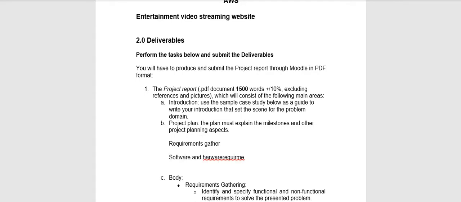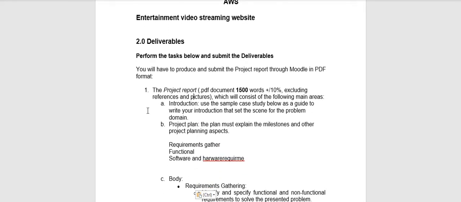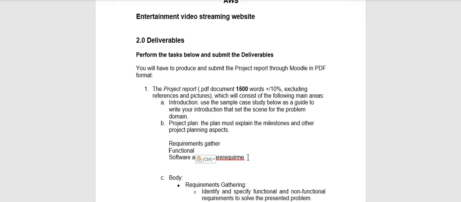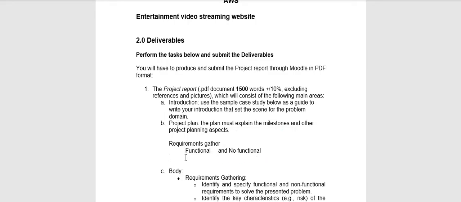Based on these things, we can decide about software and hardware requirements. For example, if it needs high speed, we go for better software. So in requirements gathering we do functional and non-functional requirements gathering, and we list all the requirements based on which we discuss the product.